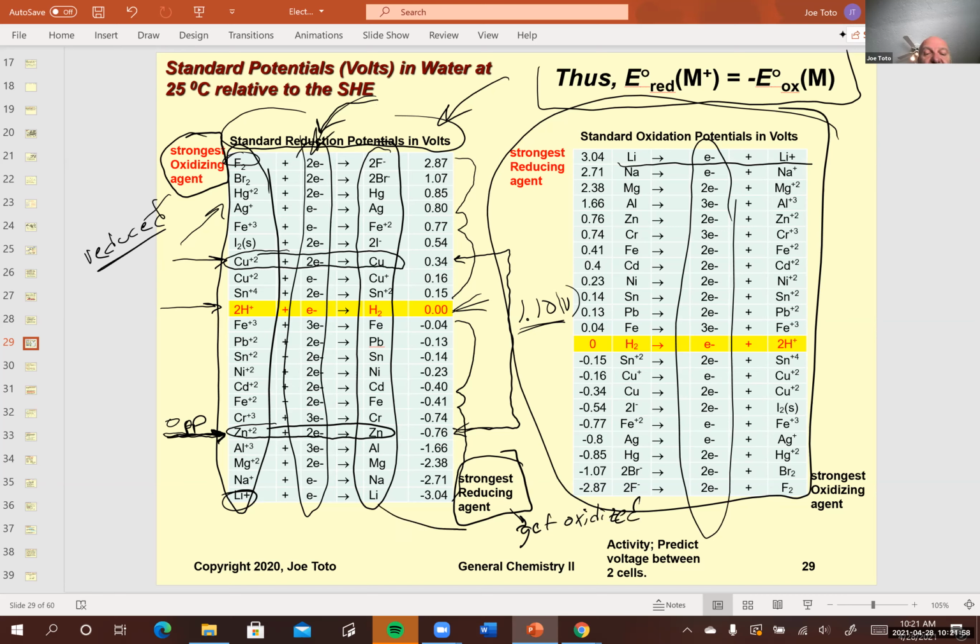And so these are the things that get oxidized. So if you are given a question about reducing and oxidizing agents, you have to keep that in mind. Okay. Any questions on that?